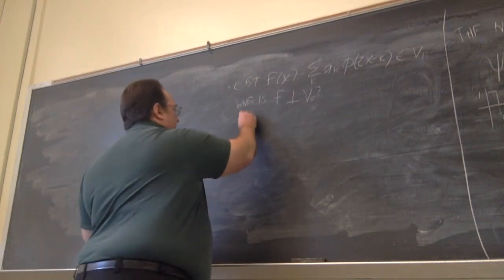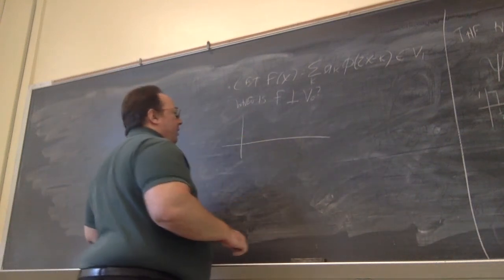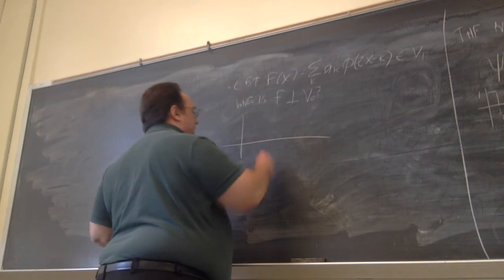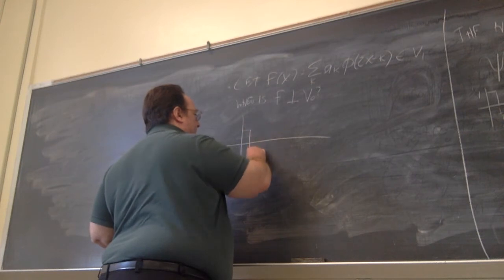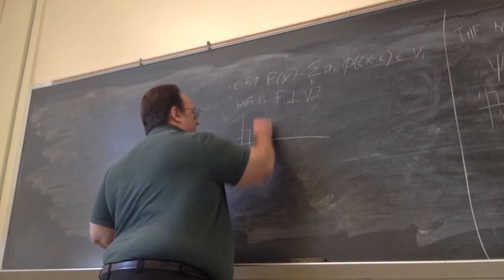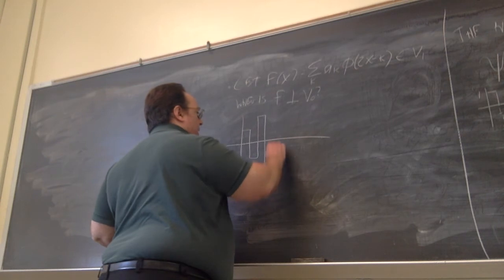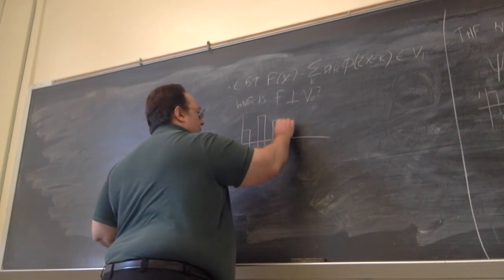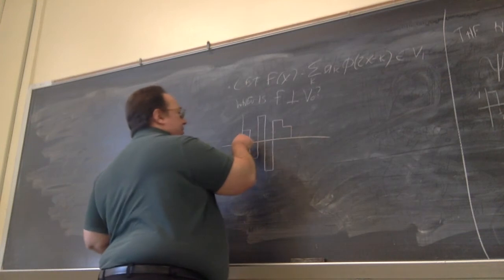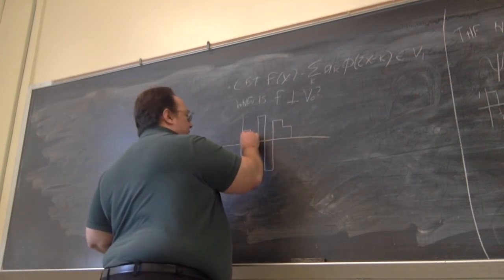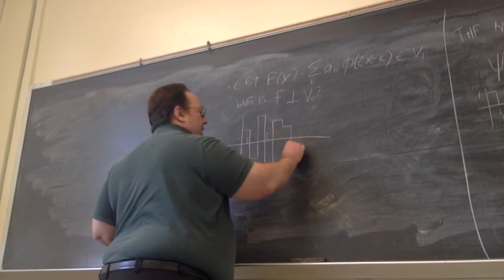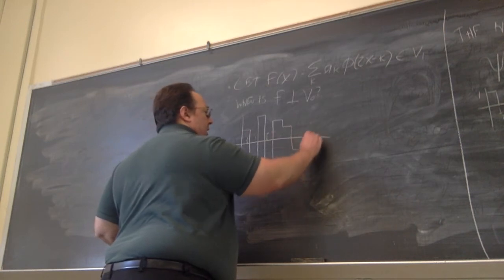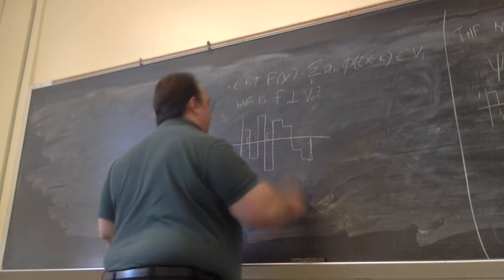Because a function like f can have some behavior like this. So each of these spaces would be like a half integer. 1/2, 1, 3/2, etc. Okay, and that's where we can have discontinuities.